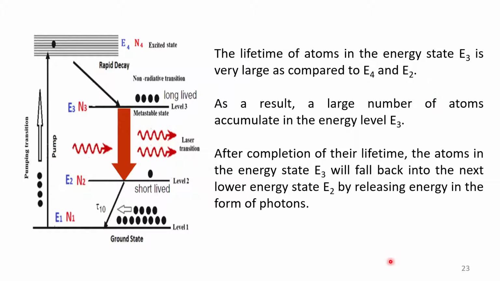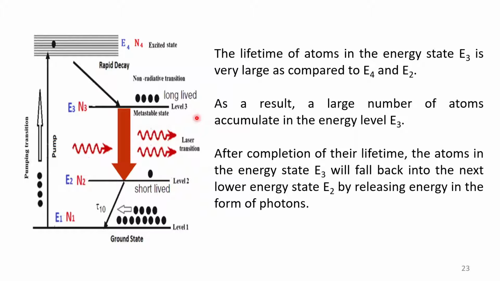That means the lifetime of the metastable state is large compared to the excited state E4 and the lower energy state E2. As a result, a large number of atoms start to accumulate in the energy level E3, because the lifetime of the metastable state is large.